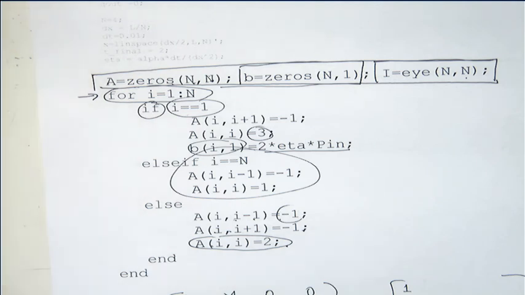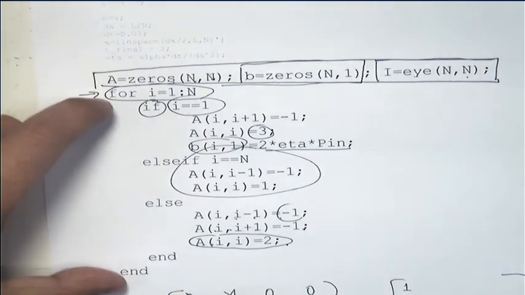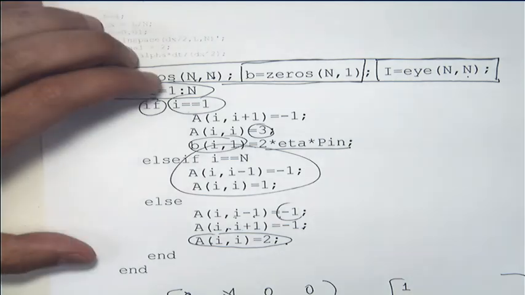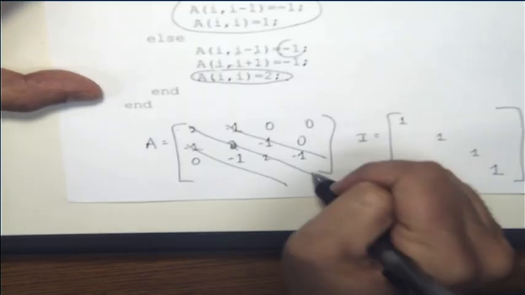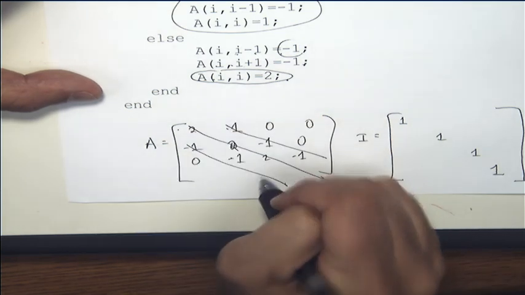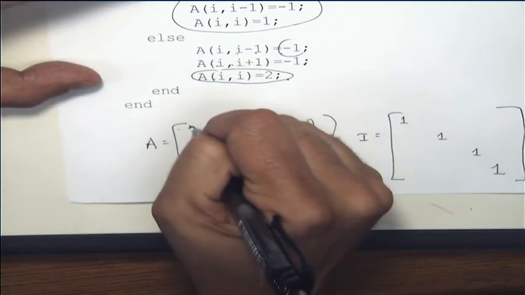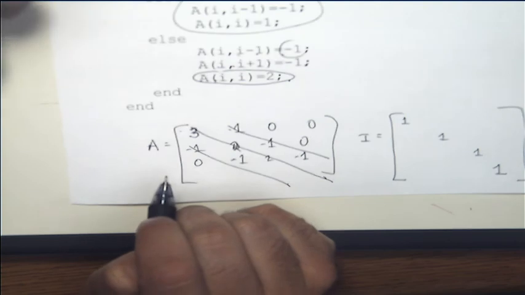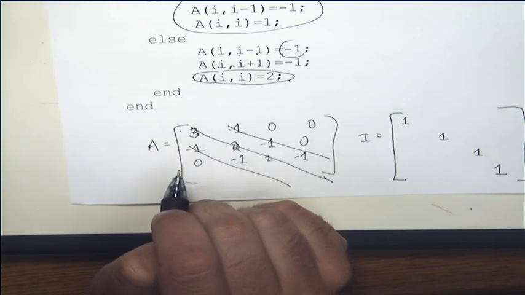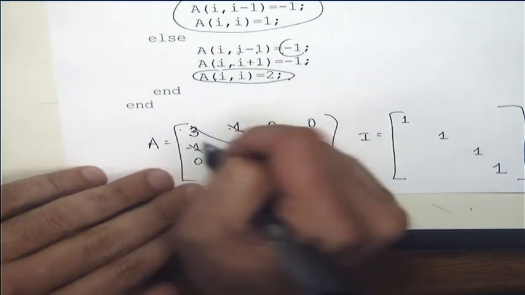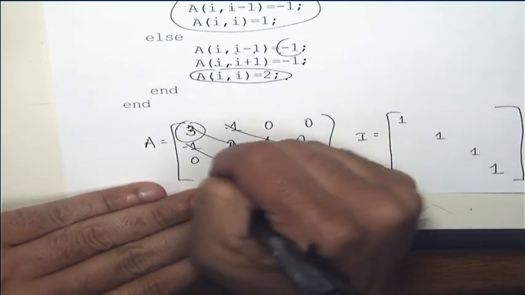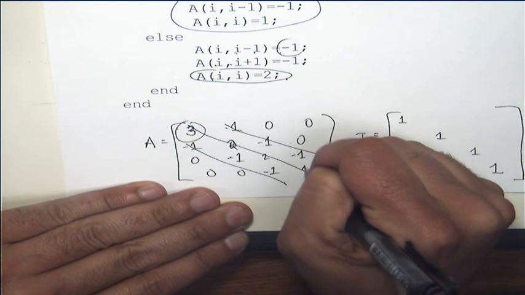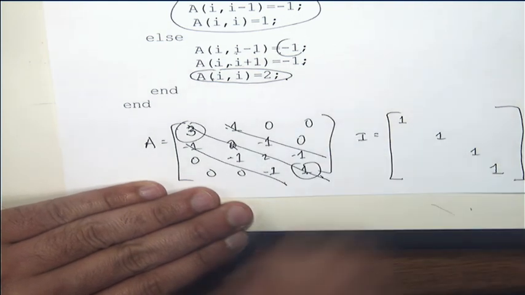Okay, so this is what this loop does. This loop creates a matrix called A, which is tridiagonal, with 2's on the main diagonal, -1 on the off diagonals, unless I've got boundary conditions, in which case I think here, and I didn't make it very flexible, I forced this to have a Dirichlet boundary condition there, and I forced this to have a Neumann boundary condition at the bottom.